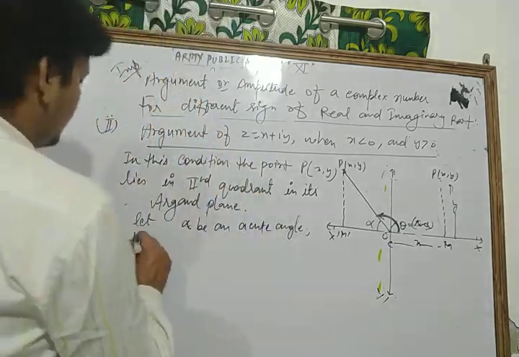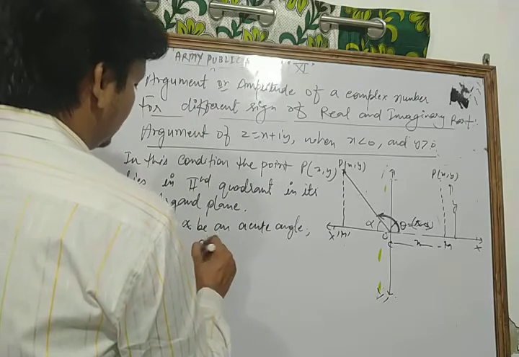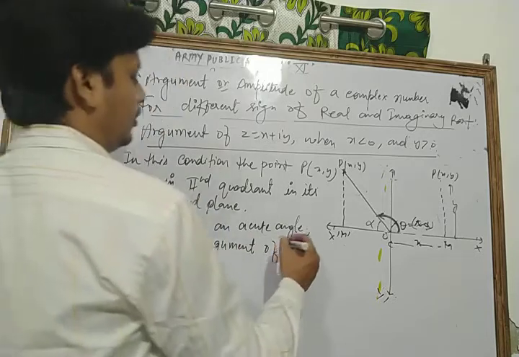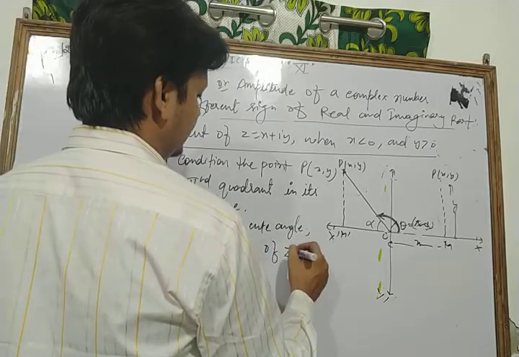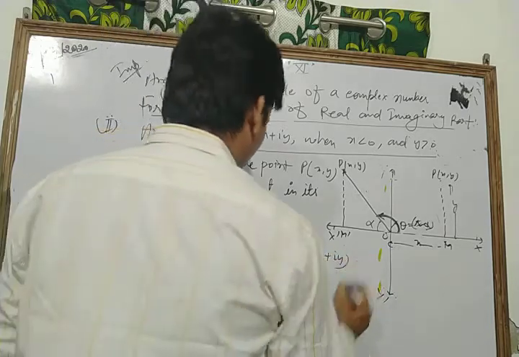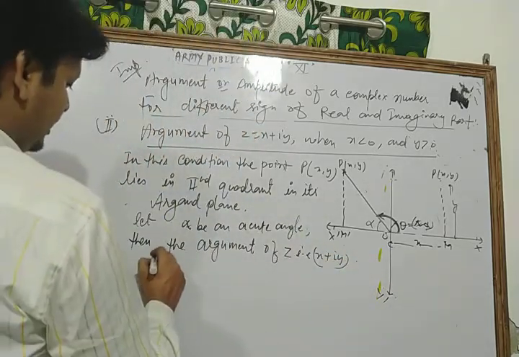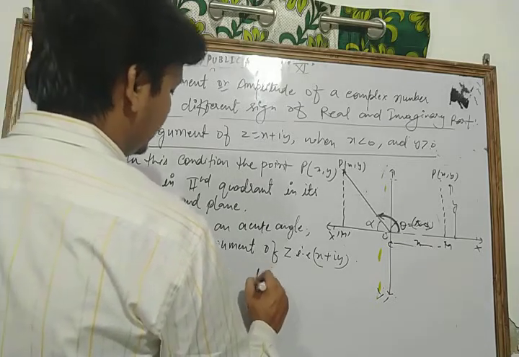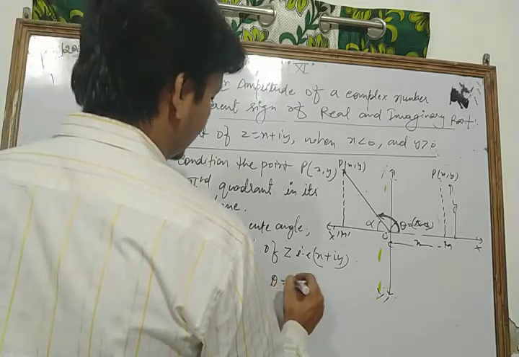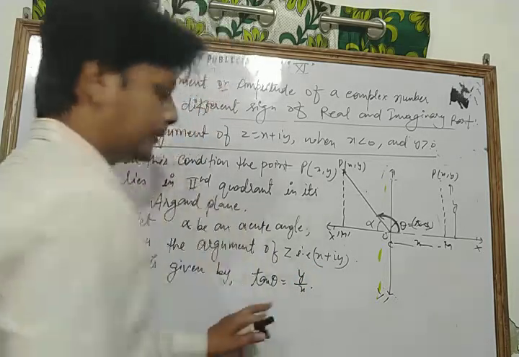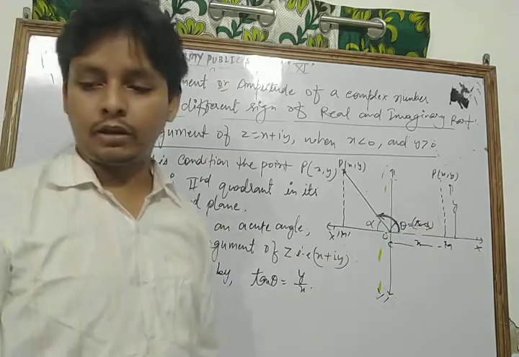Then the argument of z = x + iy is given by tan theta = y/x.